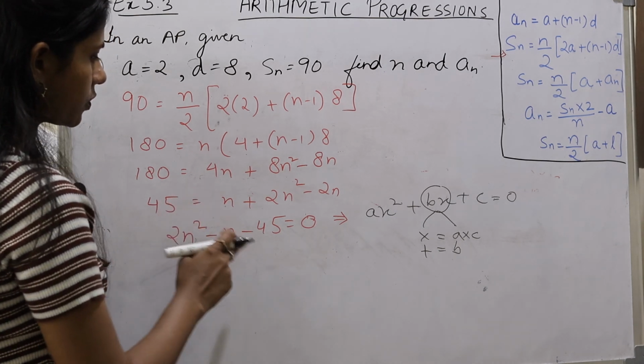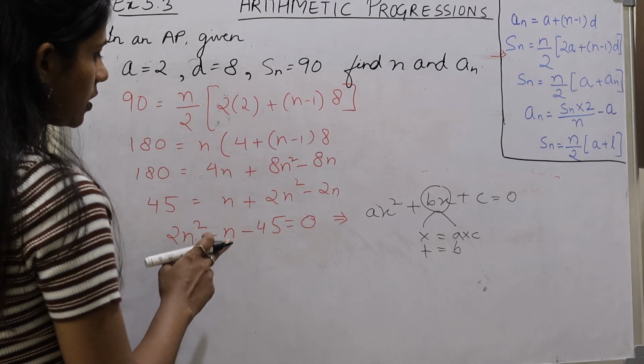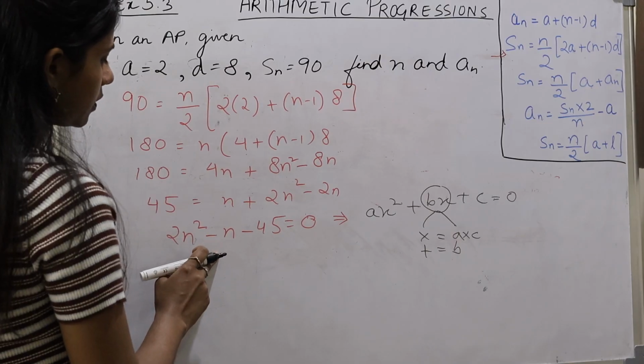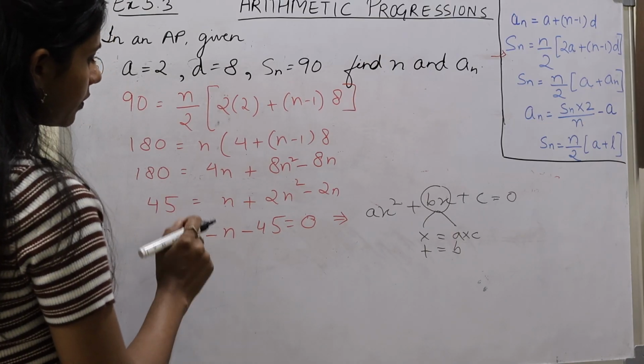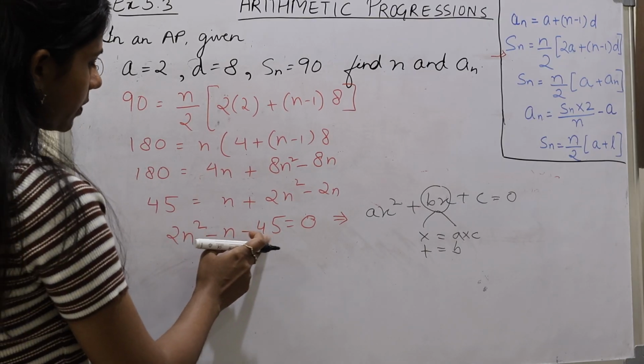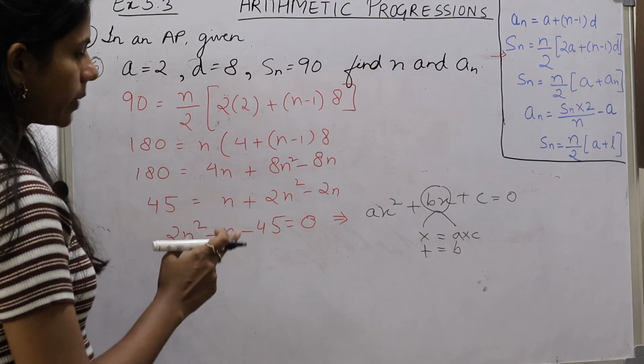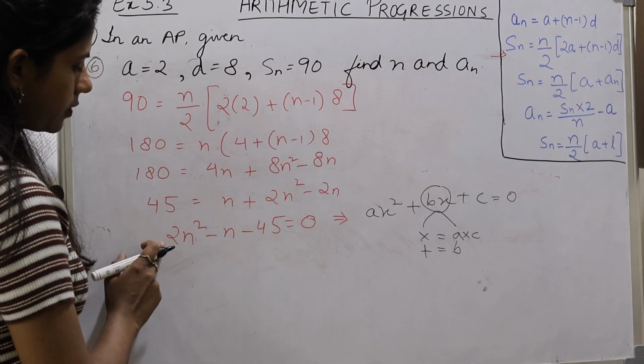Multiples of 90: 9 into 10. 9 into 10 will be 90, which is equal to the multiplication of minus 45 into 2. But one of them should be minus because it is minus 90.